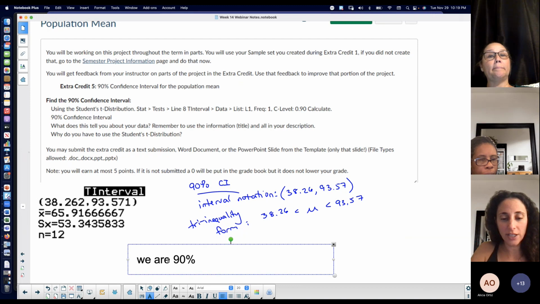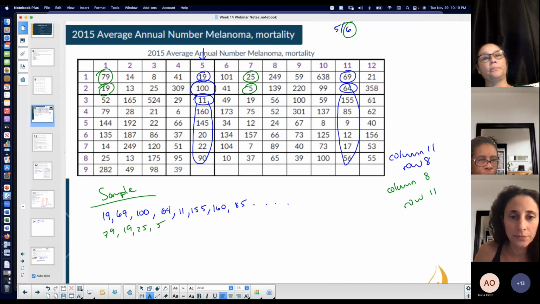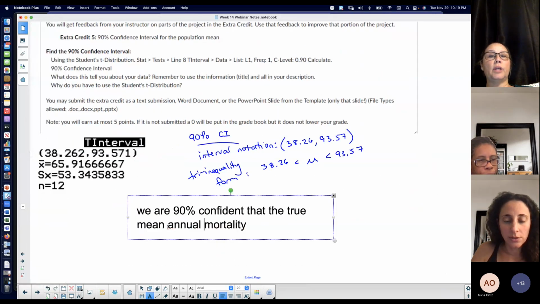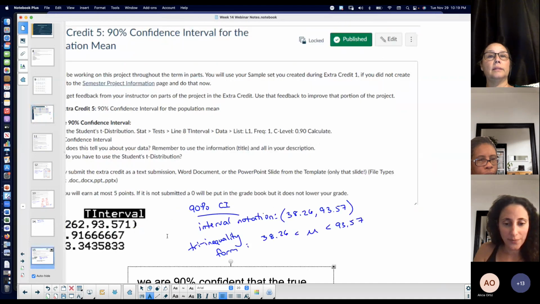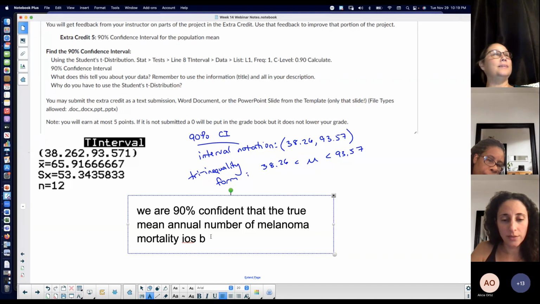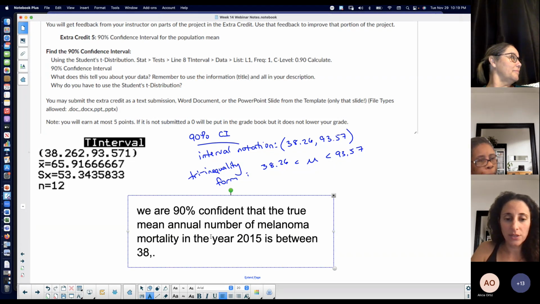We are 90% confident that the true mean annual number of melanoma mortality in the year 2015 is between 38.26 and 93.57.